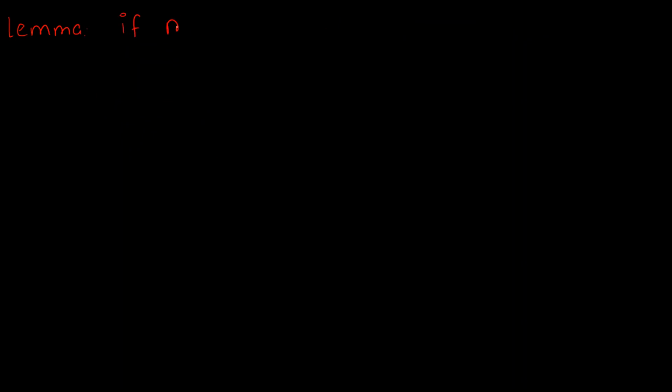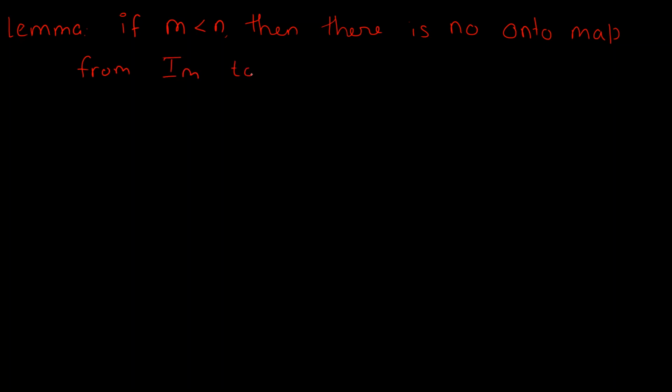If m is less than n, then there is no onto map from I m to I n. That is what I will say. This one is a smaller set, this one is a bigger set.